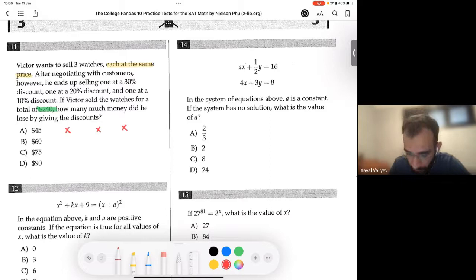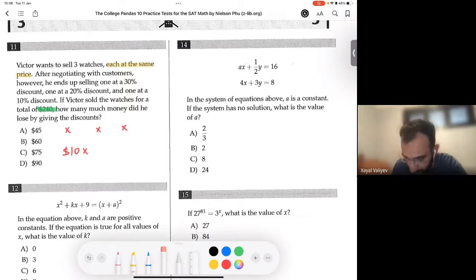Let's imagine it's $10 and you're selling it with a 30% discount. The new price will be 0.7 times 10, because you are selling it at 70%.